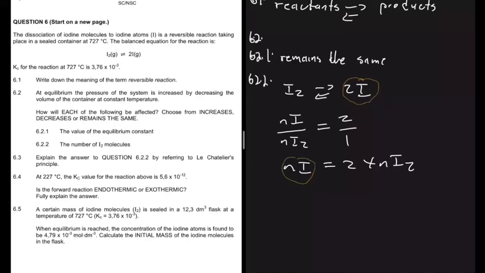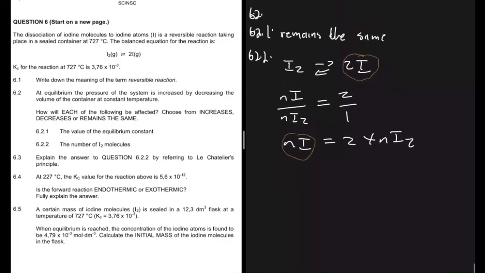So when we increase the pressure, the system wants to decrease that pressure, right? It does that by favoring the reaction that leads to fewer moles. The reaction that leads to fewer moles is the reverse reaction, because the reactant side has fewer moles. So 6.2.2 will say increases.